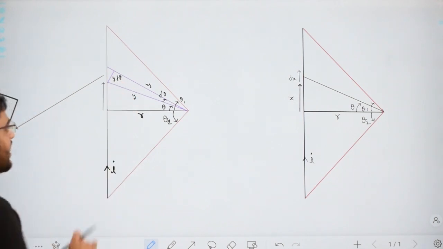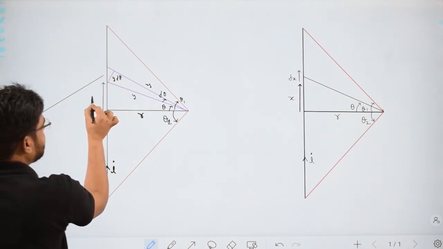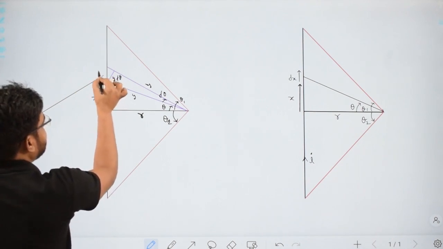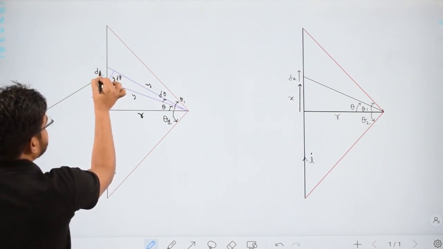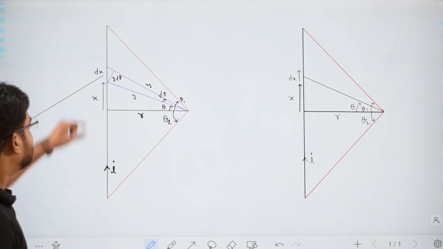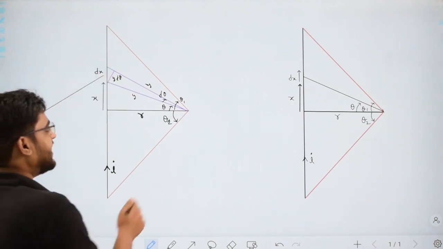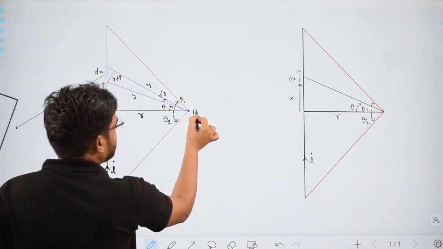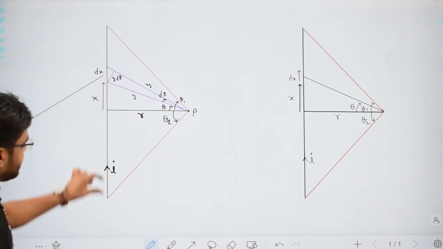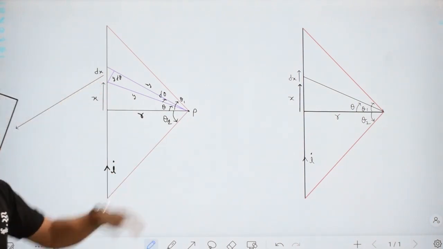Next, this distance over here is, let's say, x, and this element has a width of dx. Due to this element, I am going to find the magnetic field at point P, and then I am going to integrate such pieces to get the entire magnetic field.